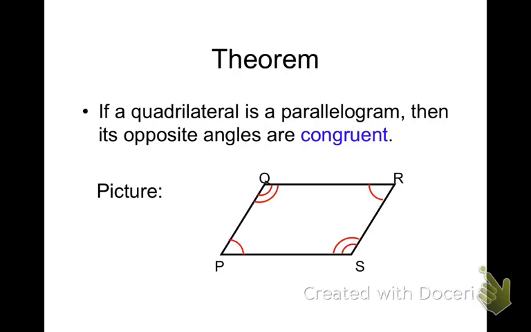Then what property allows me to then say the measure of angle S is equal to the measure of angle Q? What happened from here to here? Subtraction, because we can subtract it from both sides. So subtraction property. And because of our definition of congruency, if the measures are equal, then the angles are congruent.